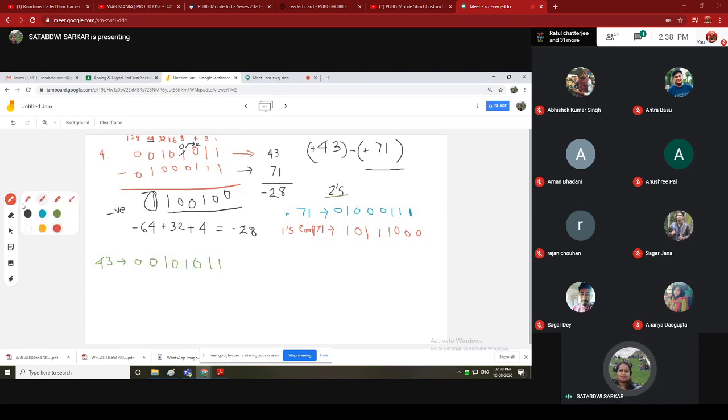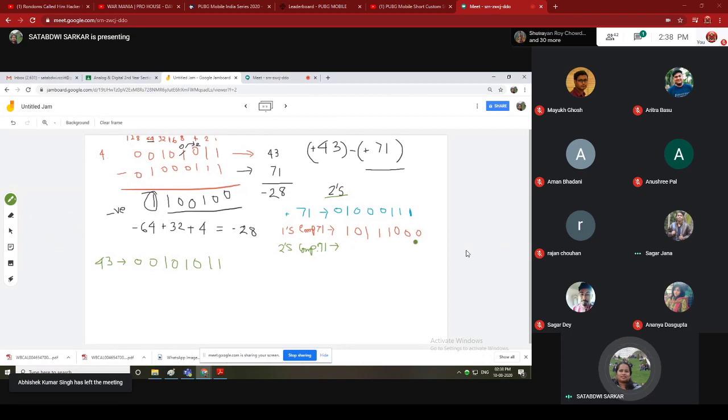Now we have to do the 2's complement of 71. So we have to add 1.